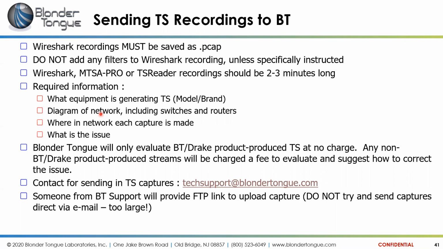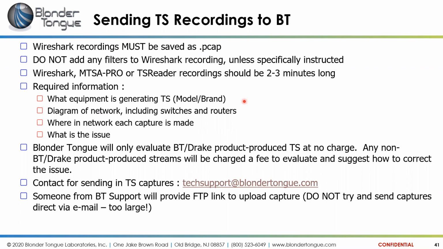We also want to know what equipment is generating this transport stream: the model, the brand. We want a diagram of the network, including switches, routers, whatever's in the network, and where in the network the captures are being made.